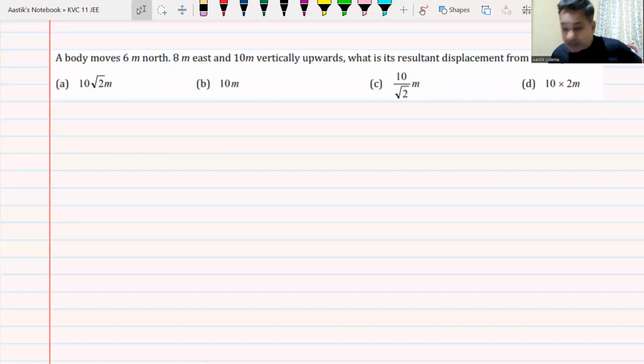On your screens now: a body moves 6 meters north, 8 meters east, and 10 meters vertically upwards. What is the displacement of the particle? Here, they have not told you about the direction, so they are basically asking you the magnitude.